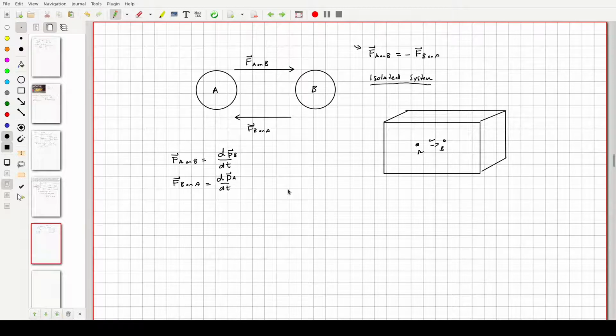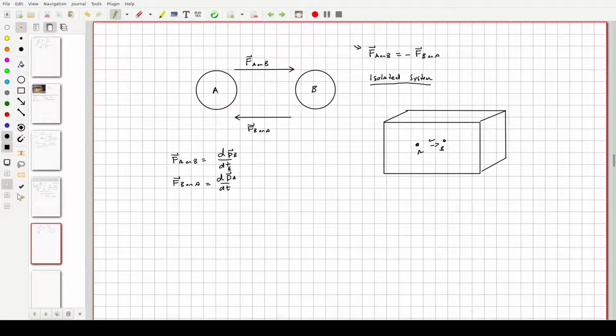Okay? Now, here's the deal. If A spends 20 seconds interacting with B, B is going to spend exactly the same amount of time interacting with A. As long as they're in contact with each other, as per Newton's third law, they're exchanging forces.